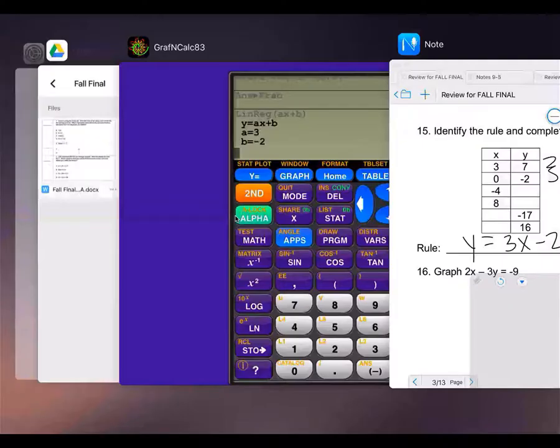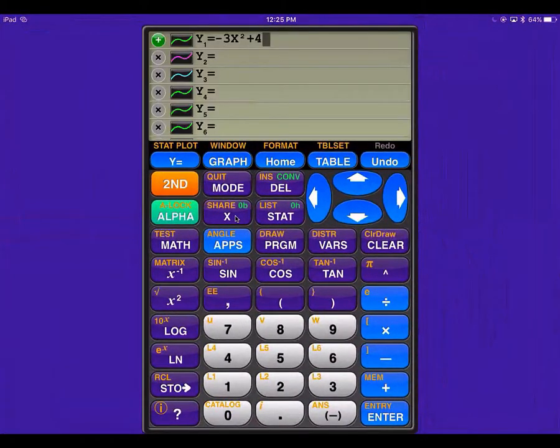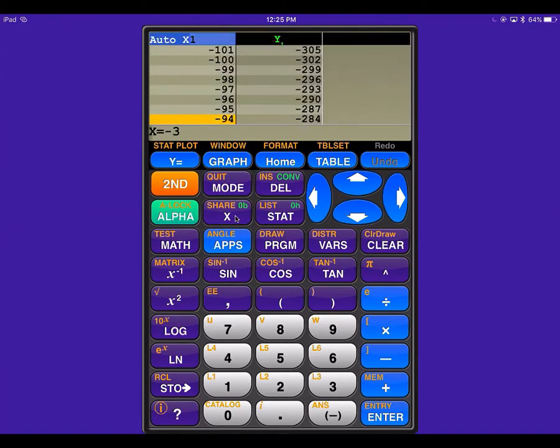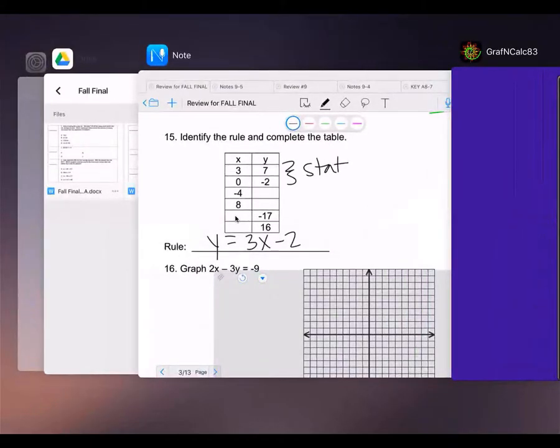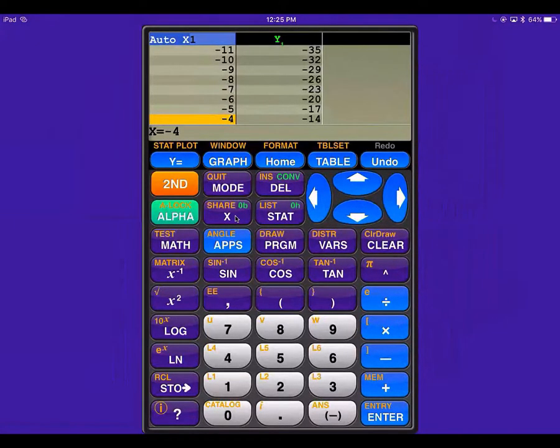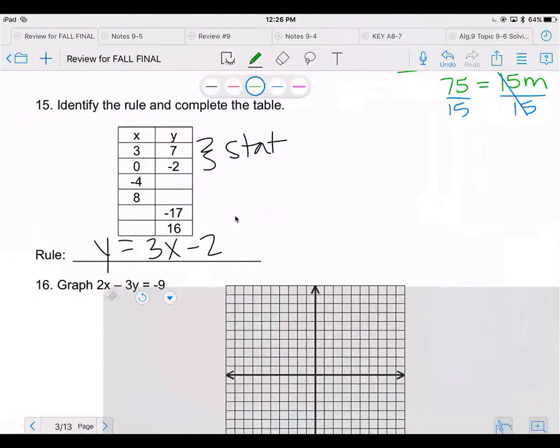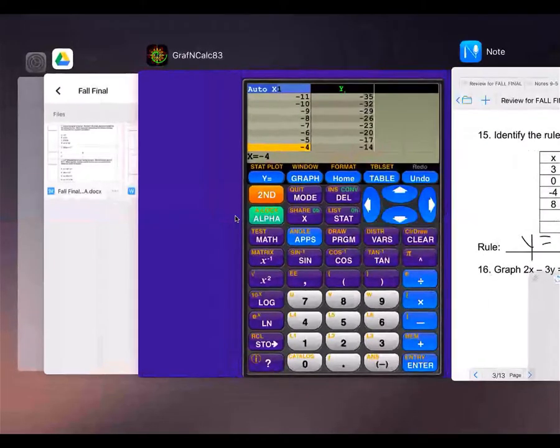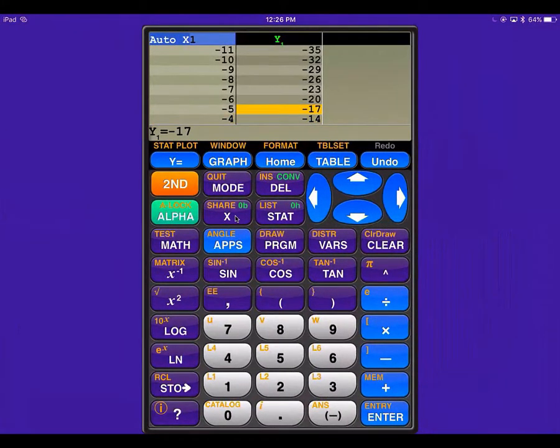Now I'm going to put this in y equals and look at my table. In the table, I'm looking for what happens when x is negative 4. When x is negative 4, y is negative 14. And when y is negative 17, x is negative 5.